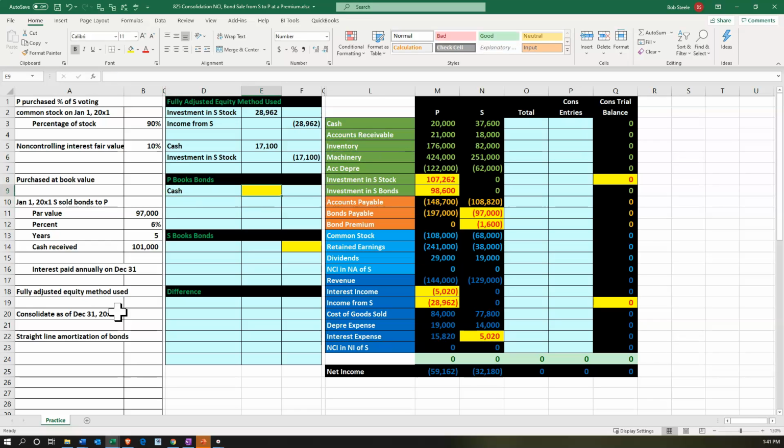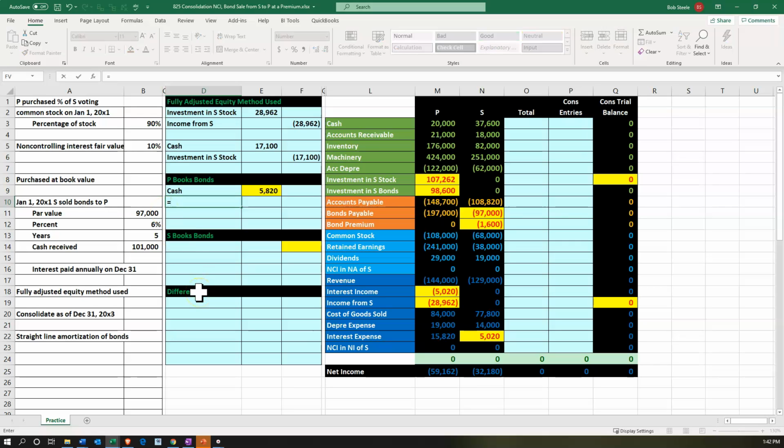And the amount of the cash would be the face amount of the bonds times the 6%. And then the other side of that would be mainly interest income, but we're also going to be decreasing the amount of the investment for basically the premium, the difference between the fair value and the par value.